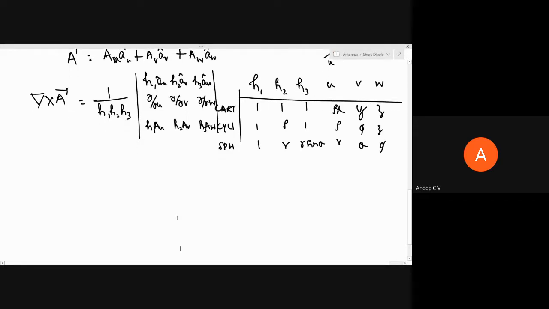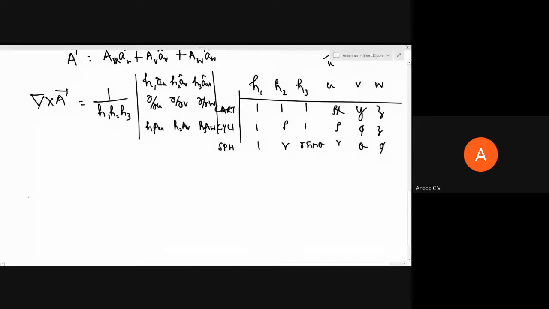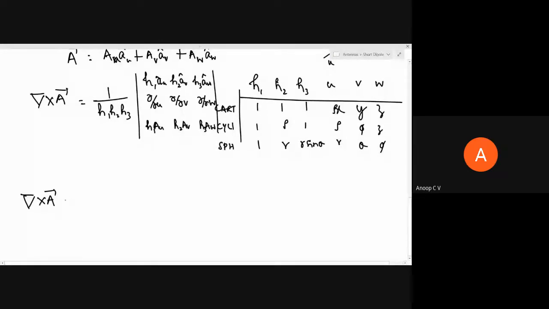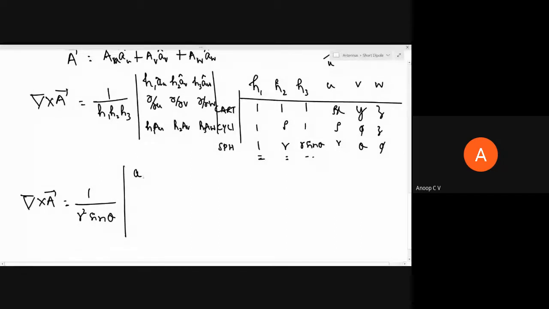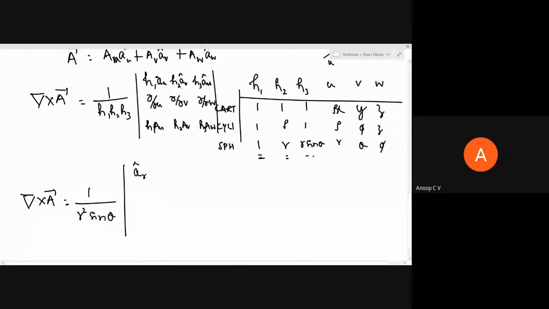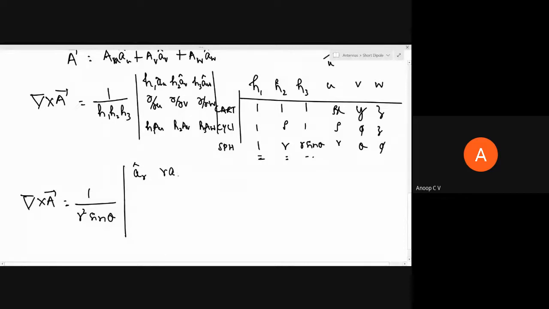Now, in our case, we need to write it in terms of spherical. So curl in spherical coordinate system will be 1 by R square sine theta times determinant. H1 is 1, so H1 AU cap will be AR cap. Then H2 AV cap, that will be R A theta cap. Then R sine theta A phi cap. Then second row is dou by dou R, dou by dou theta, and dou by dou phi.